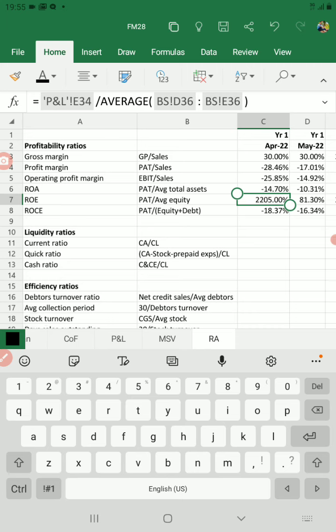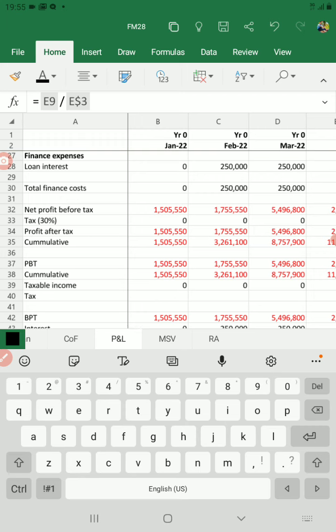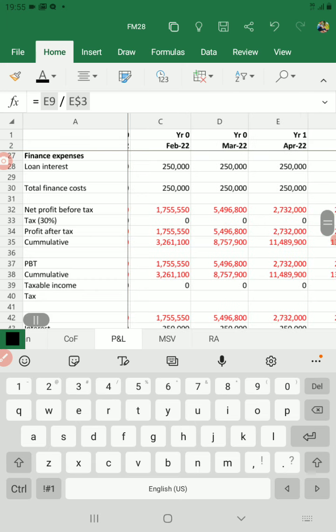Now let me check it out and explain it better. For example, we have taken profit after tax divided by average equity. If we go to a monthly basis, the profit after tax figure here for April is here, which is negative.